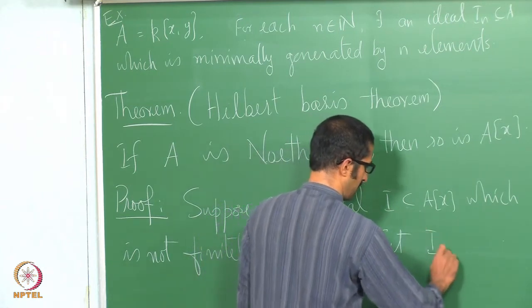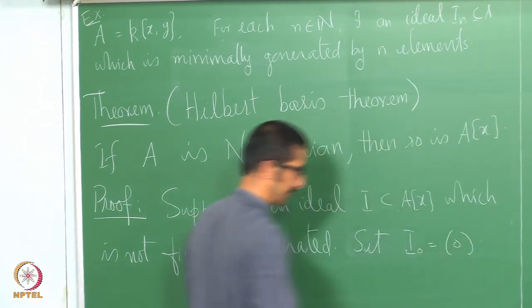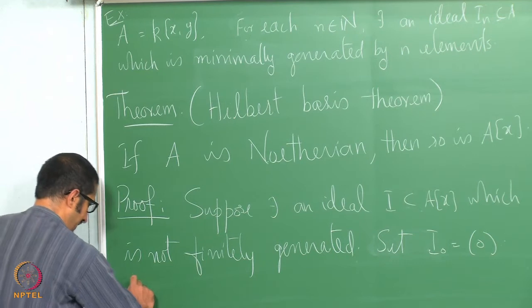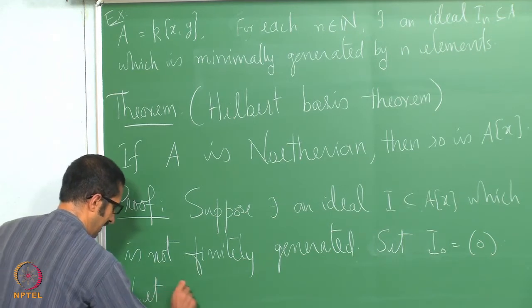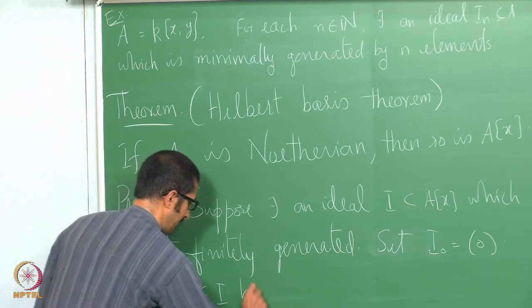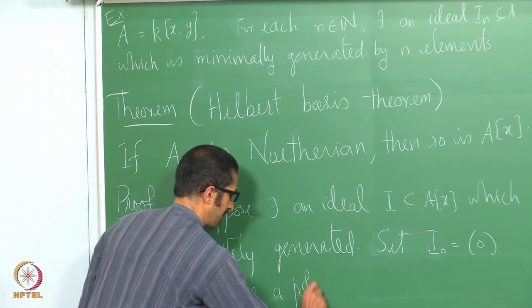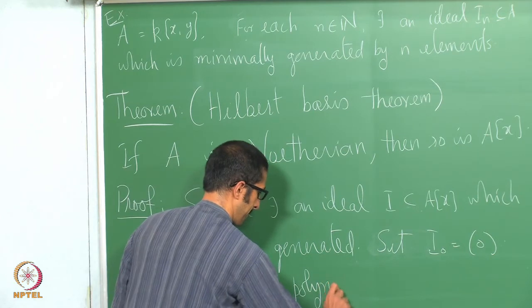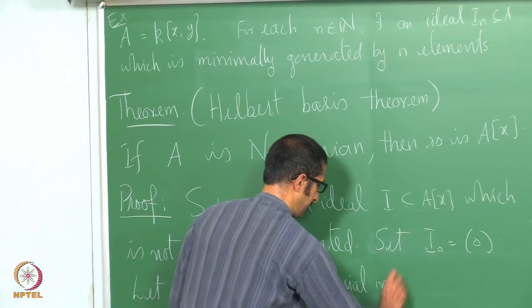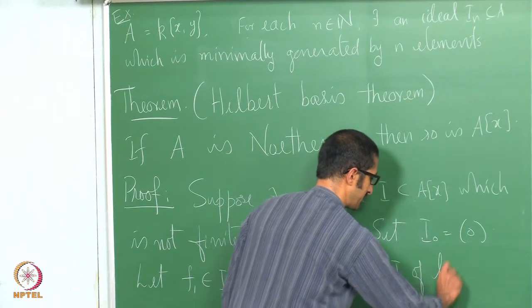Set I_0 equal to 0. Then let f_1 in I be a polynomial in I of least degree.